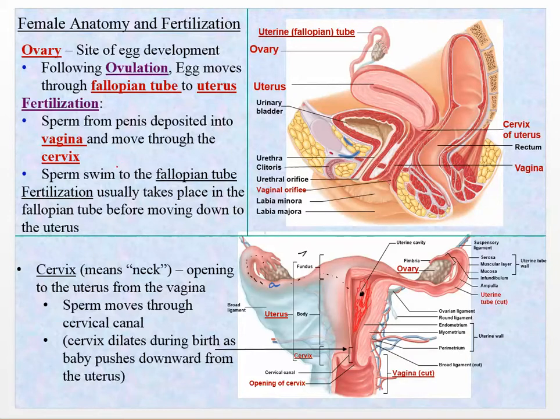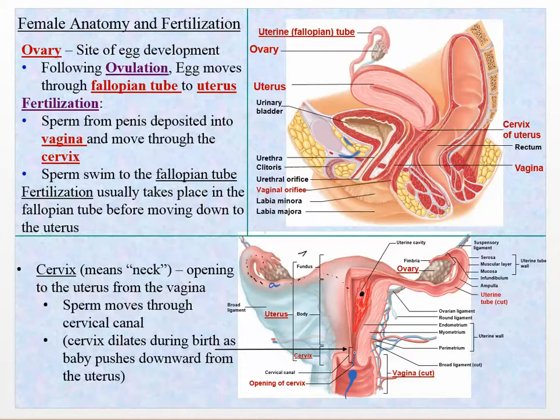Okay, so going from the other side, if this were a baby, the baby would develop and grow, and then it would have to pass out through the cervix and through the vagina. This is also how the sperm enters during fertilization. The sperm is deposited here in the vagina. This is a giant sperm, so you can see it. The sperm will start out here in the vagina, and then it will move through the cervix.